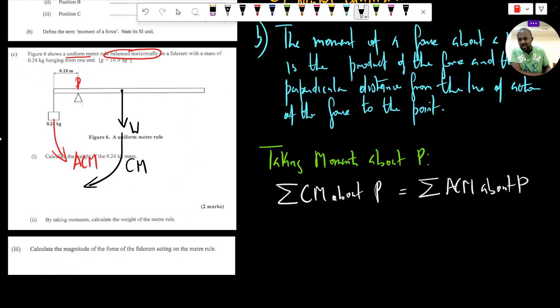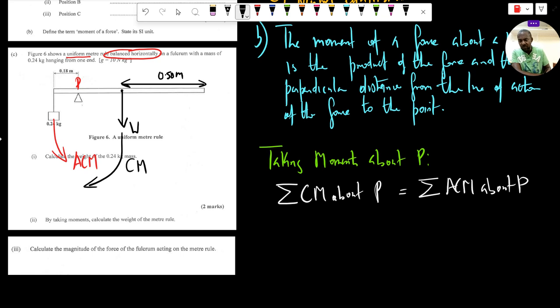Now, what is the distance that the weight of the meter rule is acting from the pivot? Now, we know that the meter rule is uniform, and because a meter rule is uniform, it means that its center of gravity is at the geometric center, which therefore means that the weight is acting at a point of exactly 50 centimeters or 0.50 meters from either end.